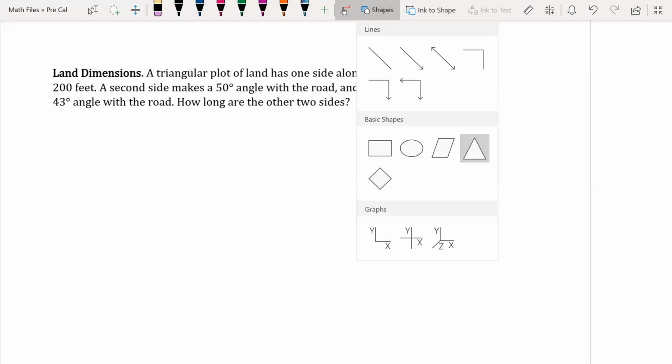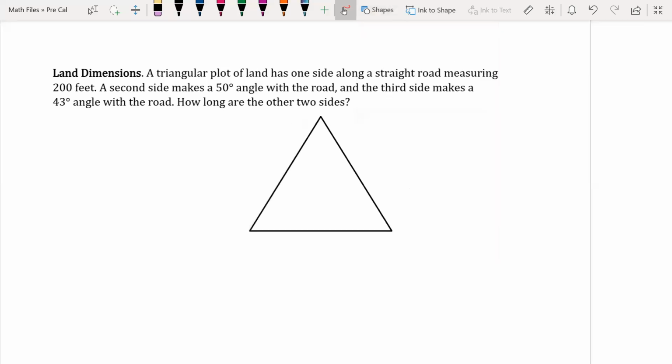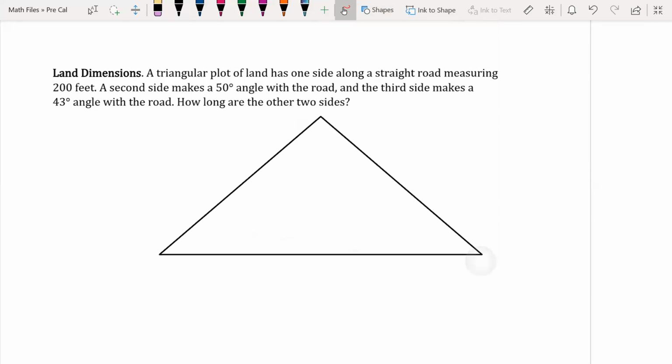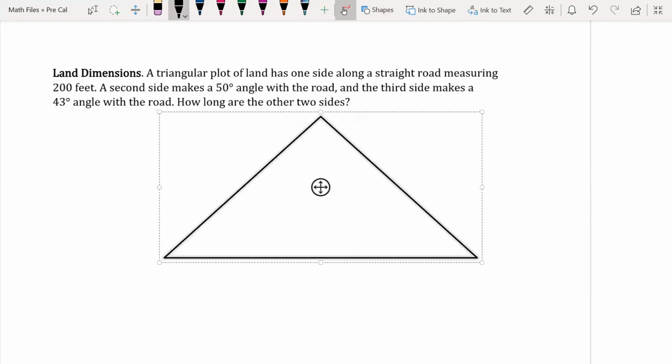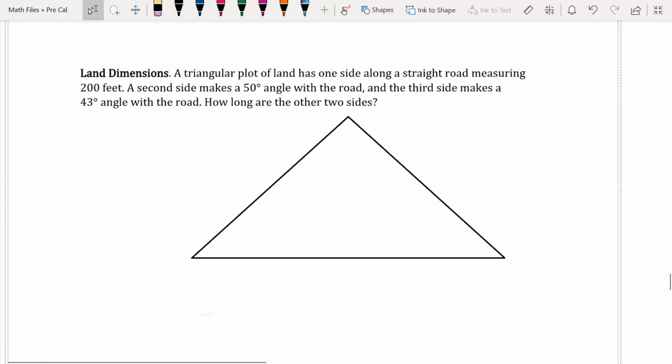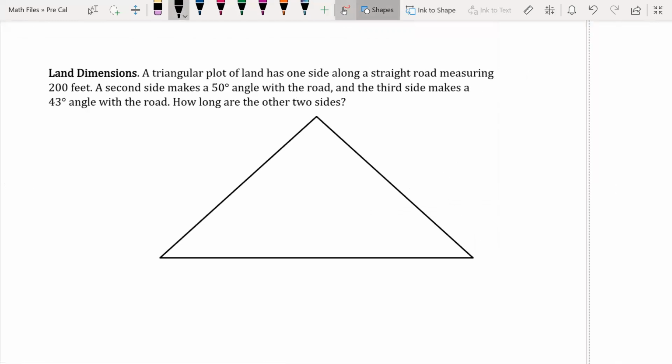All right. So here's our triangle. And then let me draw my road. It's one side along a straight road.